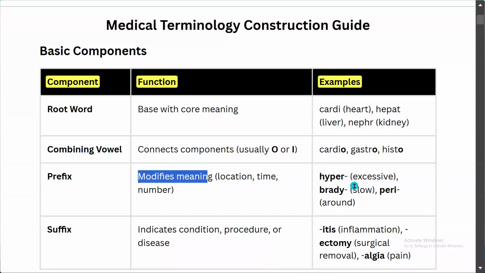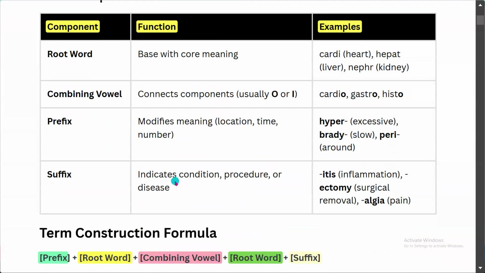So soon you learn like that: hyper means excessive, brady means slow, peri means around. Just think of a medical term where the prefix is hyper and brady, like hypertension, bradycardia.